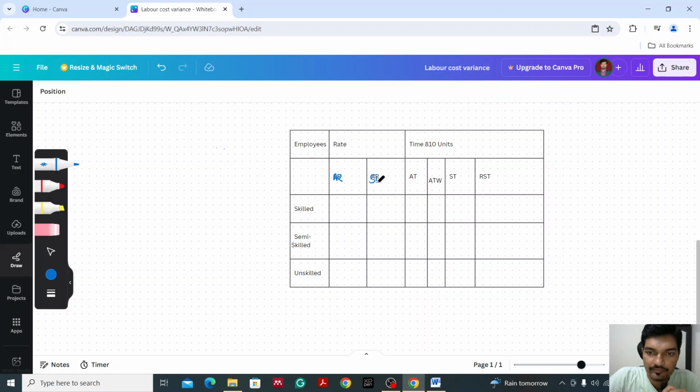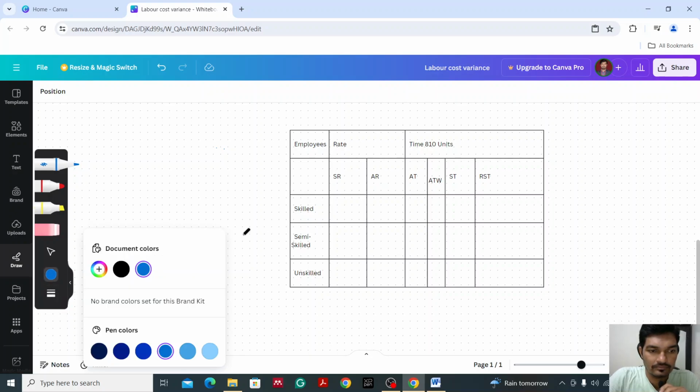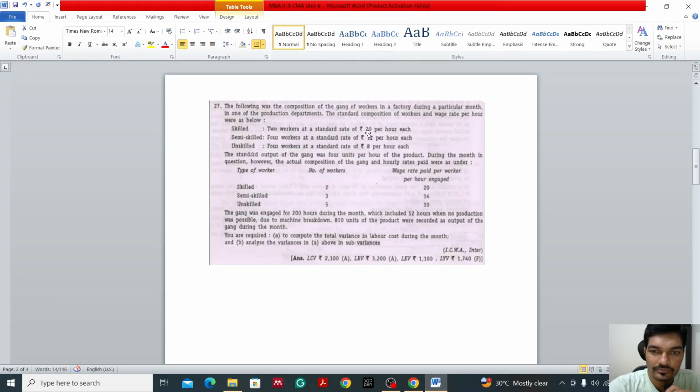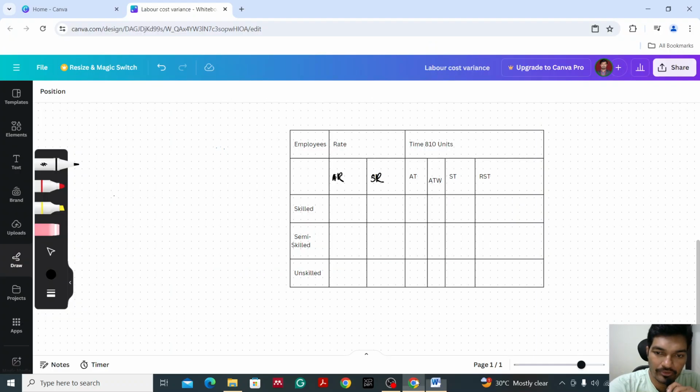Here we'll take standard rate. So according to the sum, the standard rates are 20 rupees for skilled labor, 12 rupees for semi-skilled, and for unskilled labor it is 8 rupees. So we'll take 20 rupees.